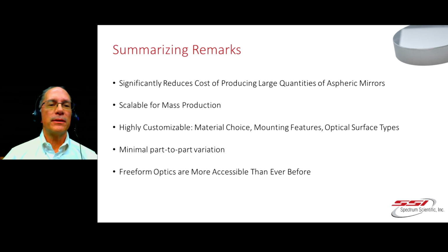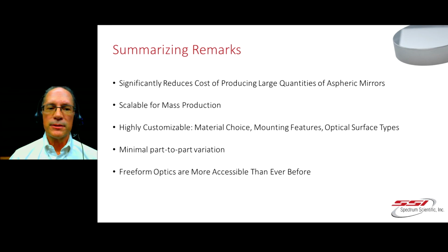So we want to make it clear that replication can significantly, and does significantly, reduce the cost of aspheres and freeforms. We see it every day. We're doing it here. It allows scalable mass production, highly customizable for material choice, unusual shapes and mounting features.